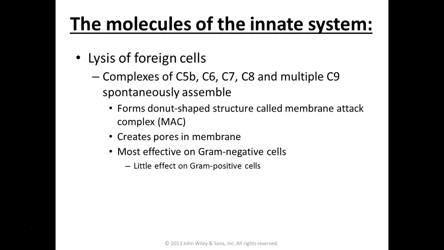Where gram-negatives, why is it that we can kill them with the membrane attack complex? Their peptidoglycan is not that thick. What else do they have, though? Where's the LPS found? In that outer membrane. Remember that outer membrane that they have?